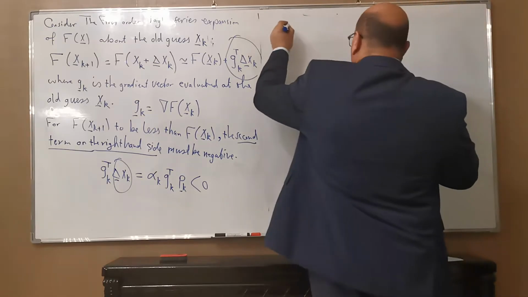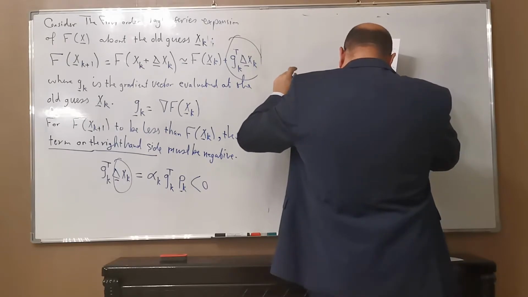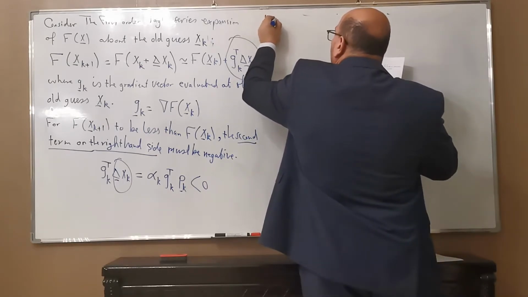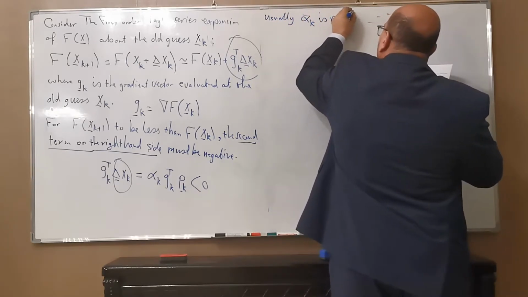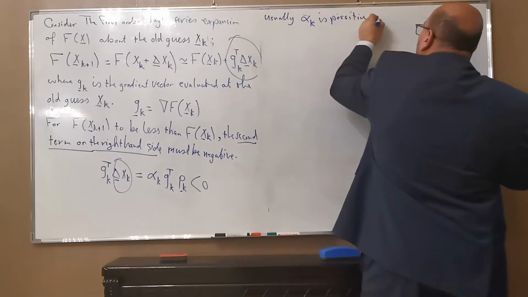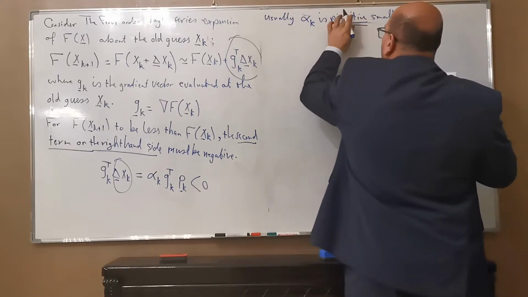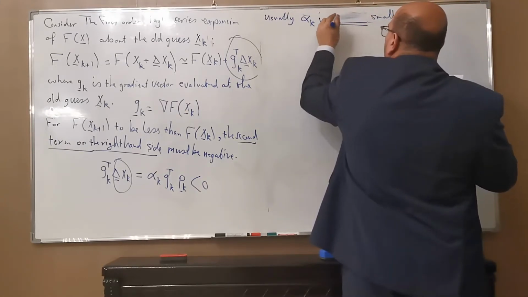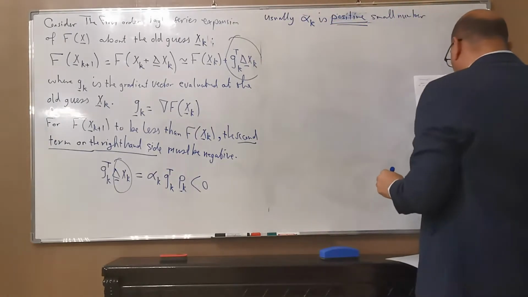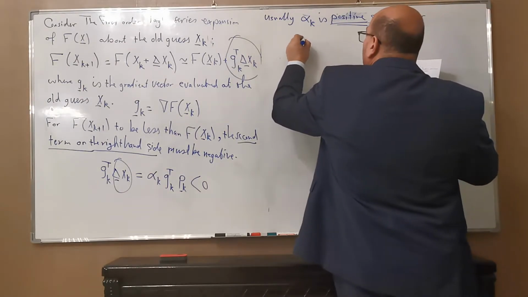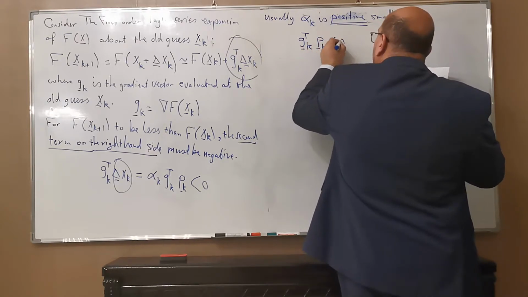So usually alpha k is a positive small number, which means that still gk transpose times pk less than 0.